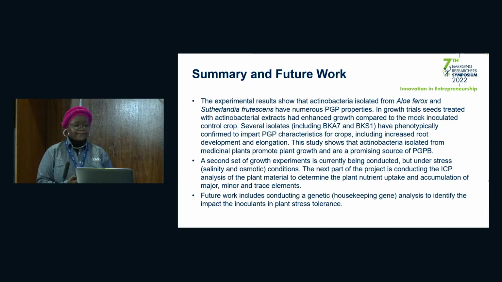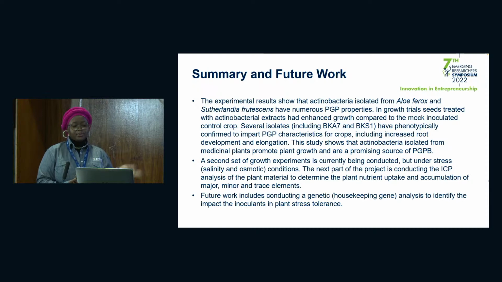So a second set of growth experiments is currently being conducted but under stress conditions, which are salinity and osmotic induced stress. This is to check whether the actinobacteria provide protection to the plant under the mentioned stress conditions.